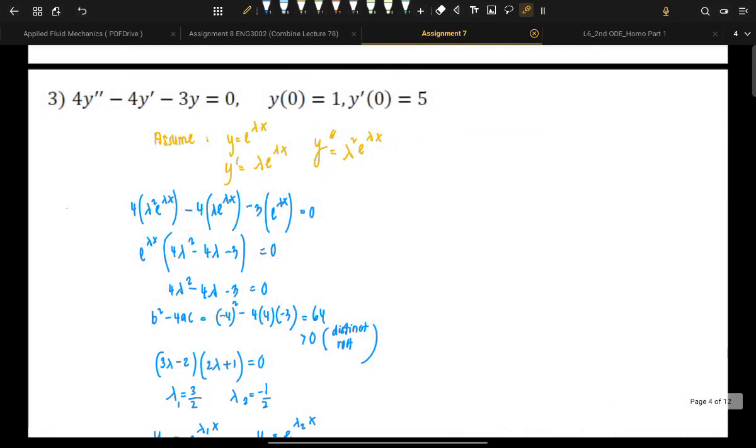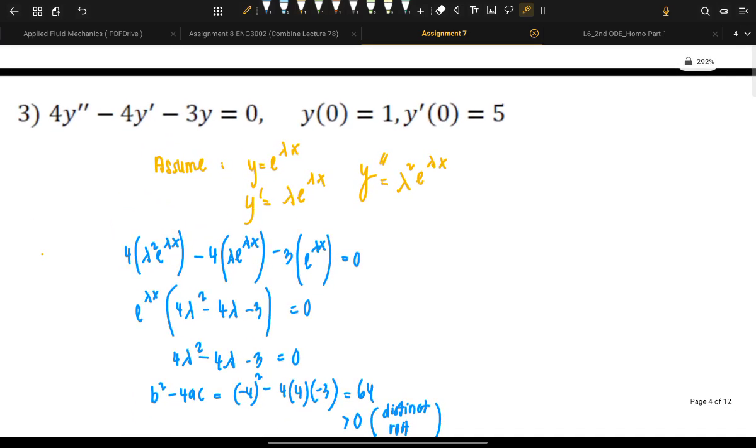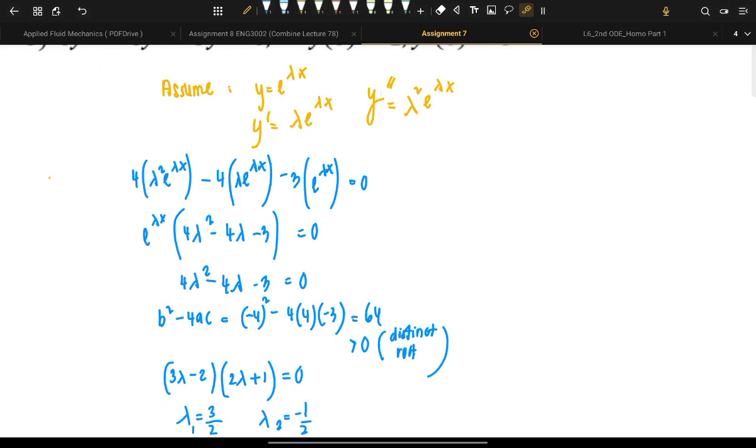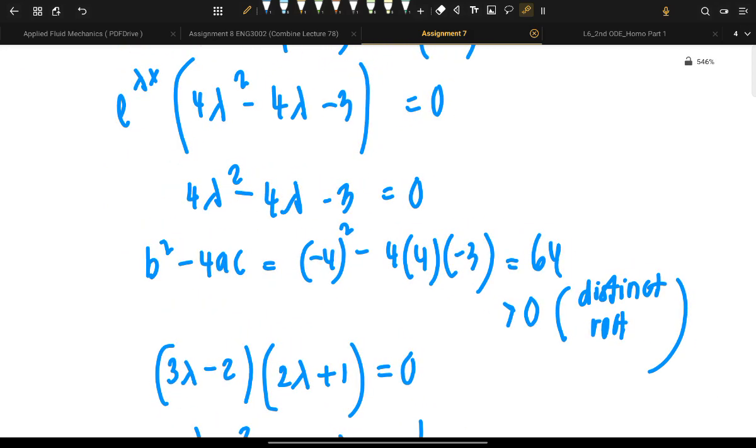We start this question by assuming y equals e to the power of lambda x, and we differentiate it because the equation has y double prime and y prime. We substitute it into the equation above, factorize it to cancel out the exponent e, and we get the quadratic equation.